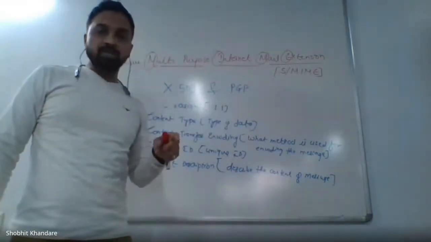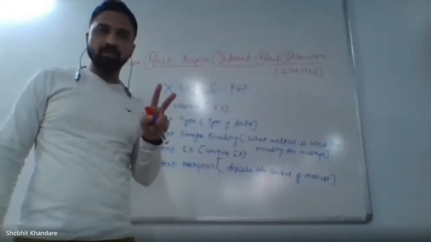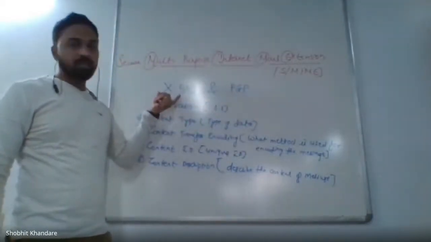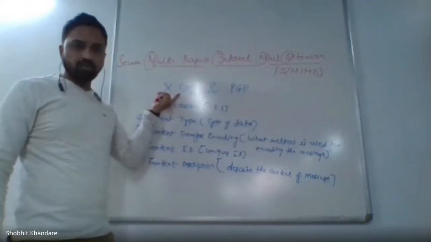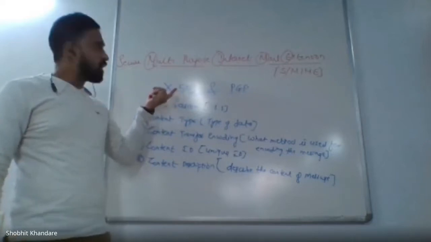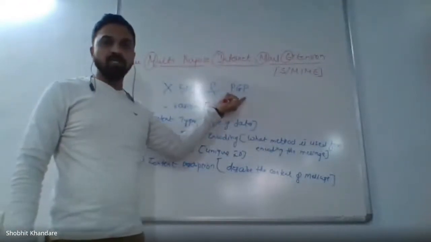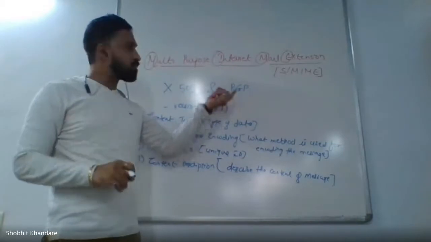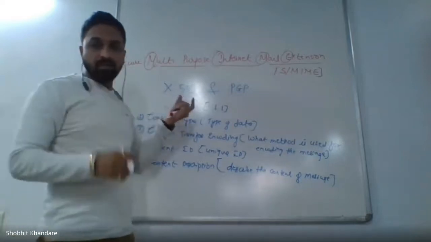We have studied key management, but as far as MIME is concerned, we should know the key management by using X.509. This is there in your syllabus. PGP we already studied when dealing with email. X.509 we will study in the next lecture.